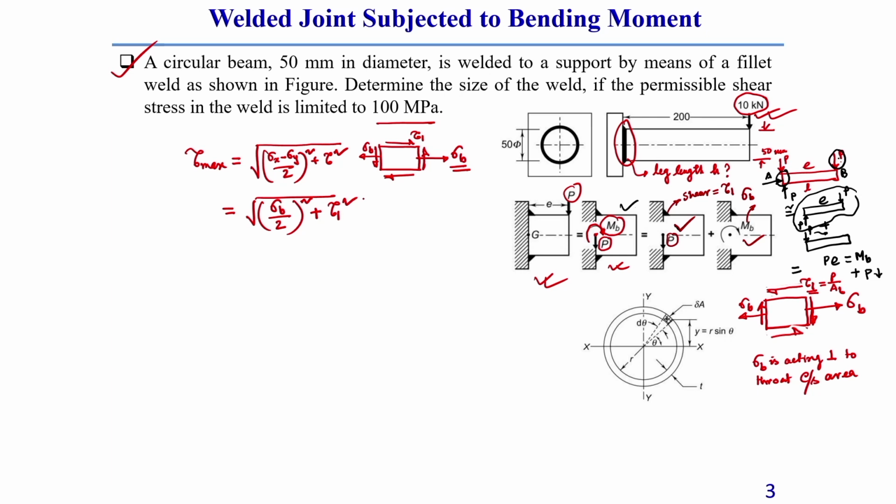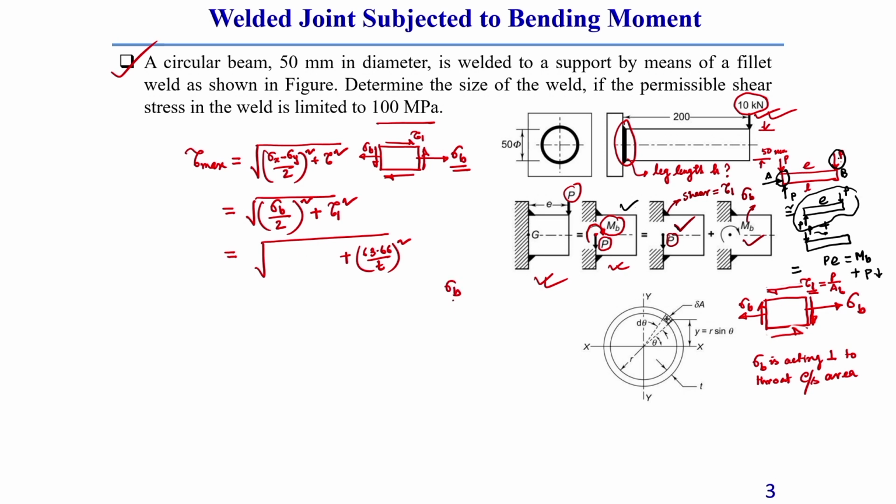Now, last lecture I already discussed what sigma 1 and sigma b are. Sigma 1 square is generally 63.66 divided by t, whole square, and this sigma b we got from the pure bending theory.